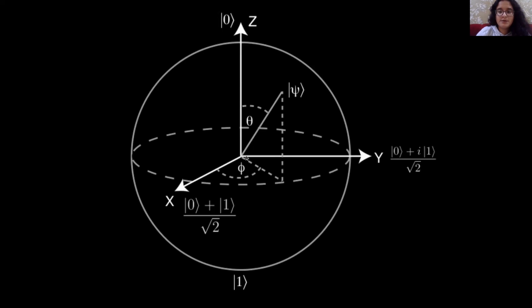So you should keep in mind that this is ket plus i, which is basically something like this, and ket minus i will have a minus sign over here. The state of ket plus is this, and that of ket minus will have a minus sign over here, and we have ket 0 and ket 1 like so.